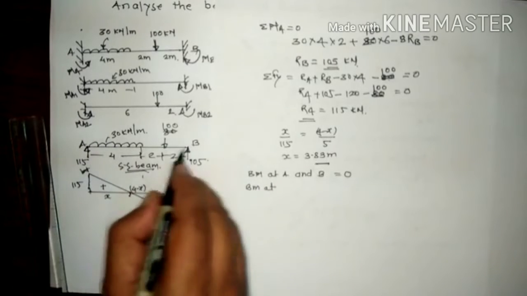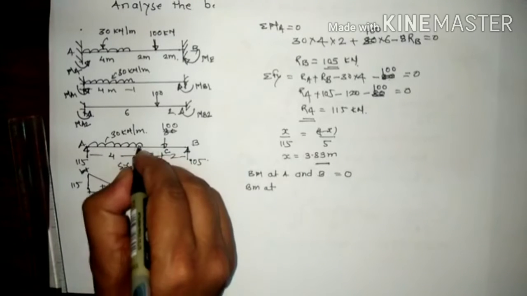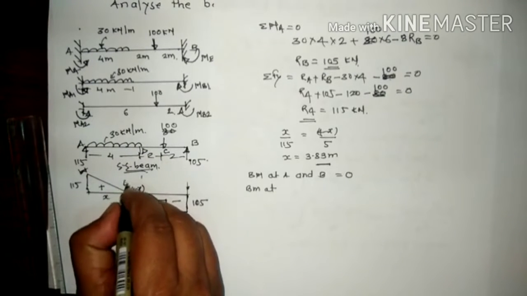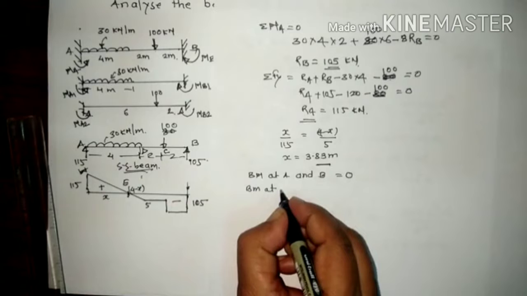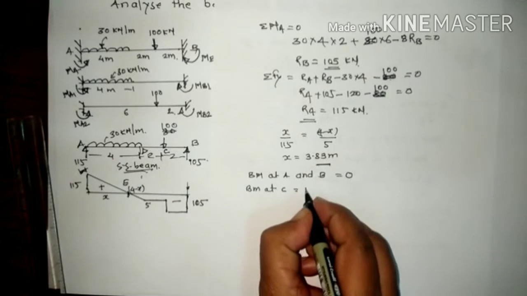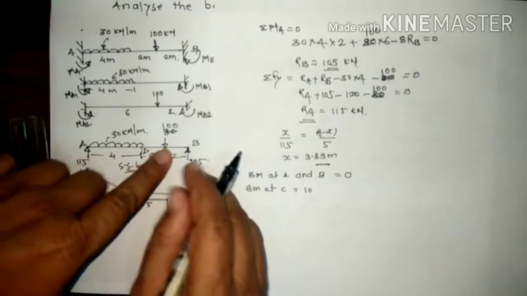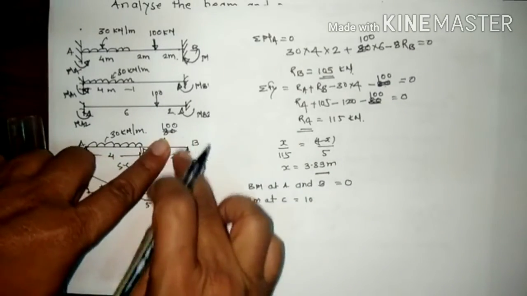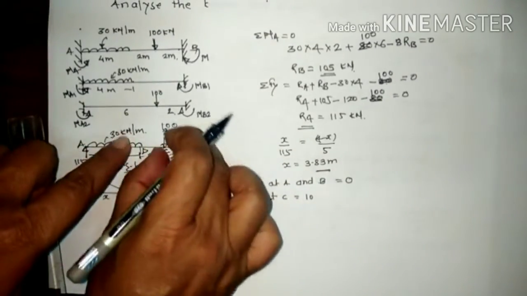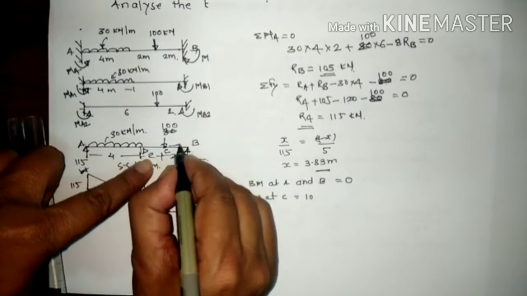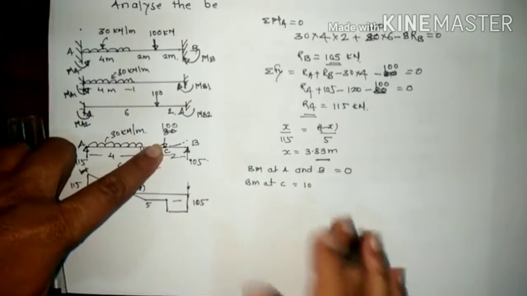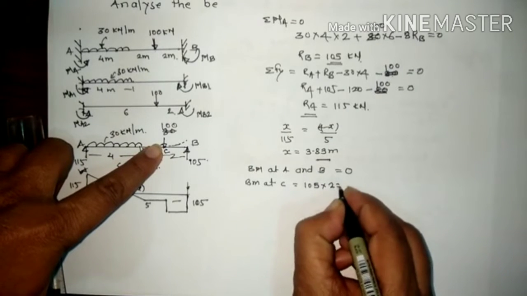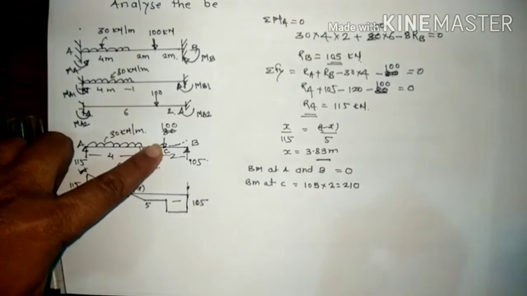Suppose this is A, B, this point is C, this point is D, and this contraflexure shear point is, suppose, E. So bending moment at C is equal to what? 105 into 2, and this upward force creates the sagging. So this tries to push this beam legs upward. So this is plus 105 into 2. So this becomes 210.